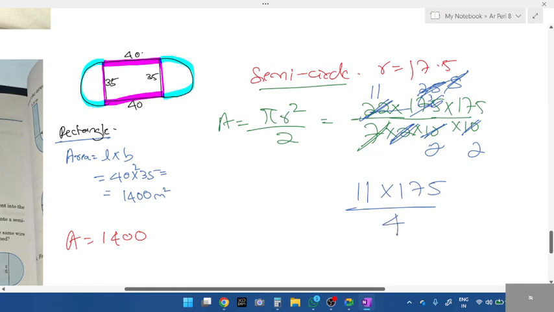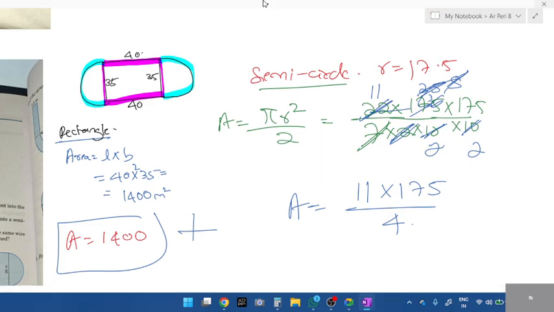So if you want to find total area, what are the two areas you have to add, students? The area of a rectangle plus the area of a semicircle. This area is for how many semicircles? One or two? Yes, respond.